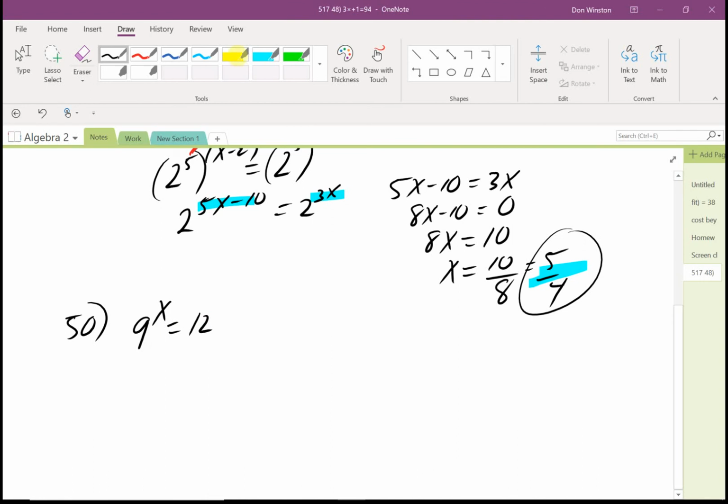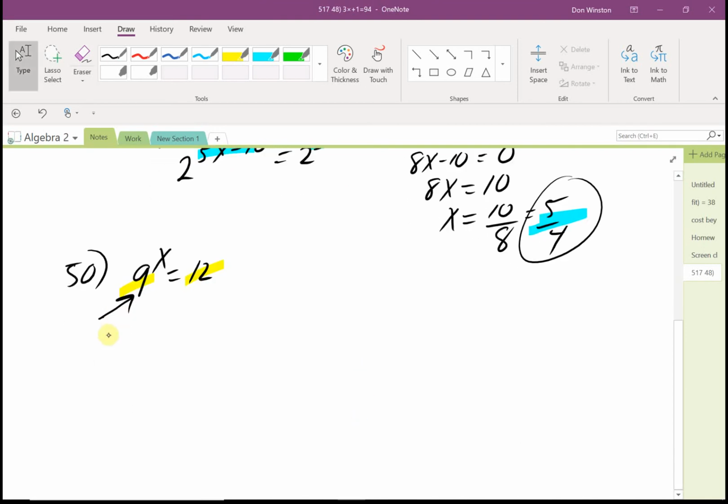I cannot think of a common base for 9 and 12, so we just use inverse properties. Remember, for this case, we use inverse properties, and then we use change of base. So we have to keep in mind inverse functions. The inverse of 9 to the x is log base 9.